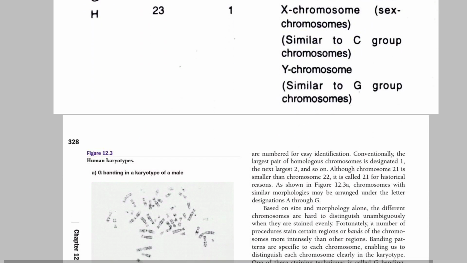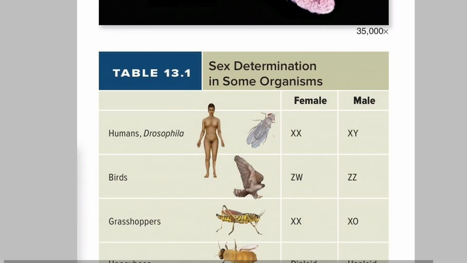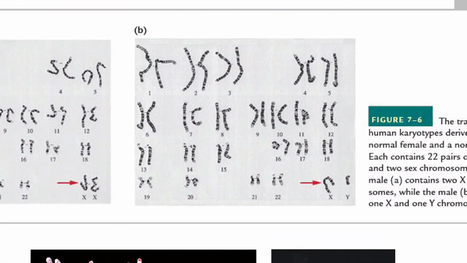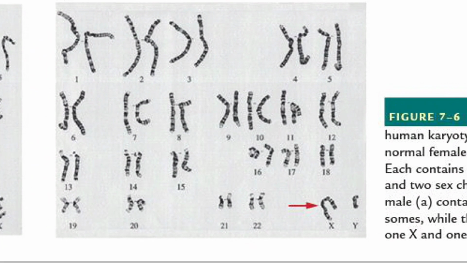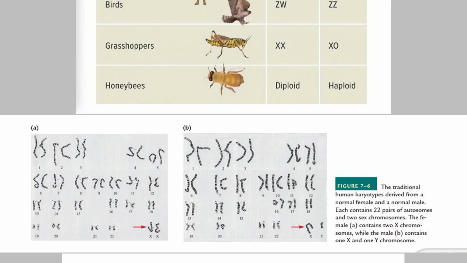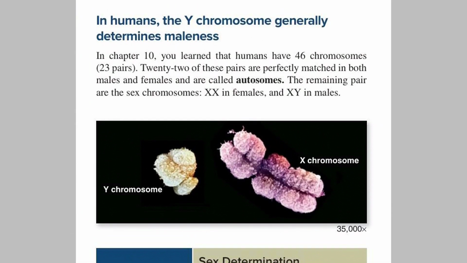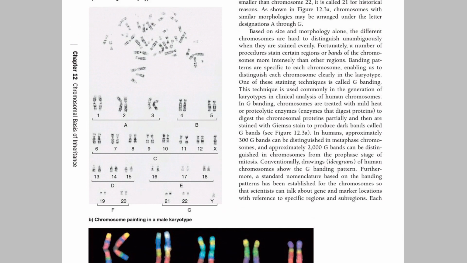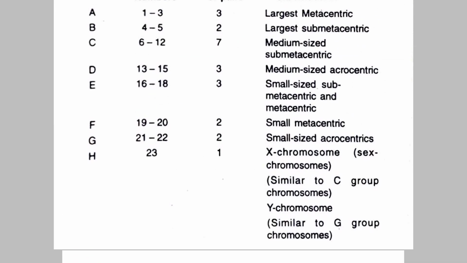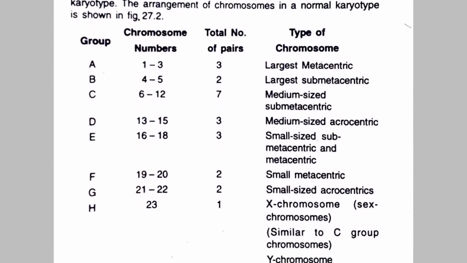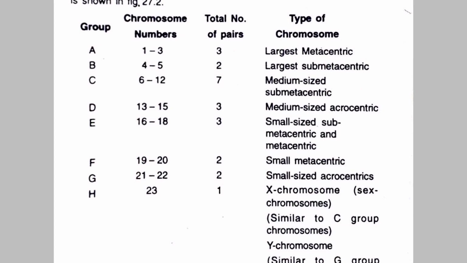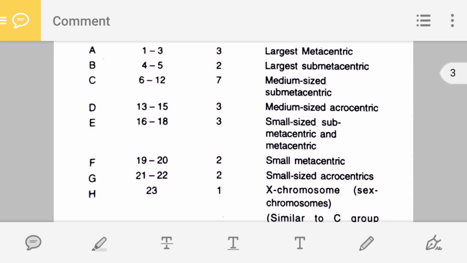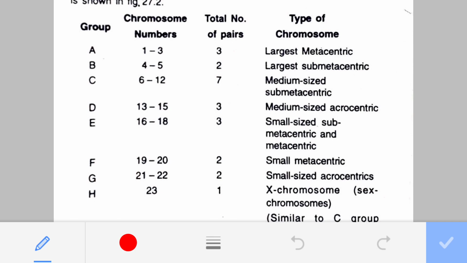For example, here in this karyotype, if you closely observe, the numbers are given: 1, 2, 3, 4, 5, 6, 7, 8, 9, 10. So basically we are trying to identify the type of chromosomes which are present in the human karyotype. So with this table you can learn all the chromosomes which are present in the human cell.